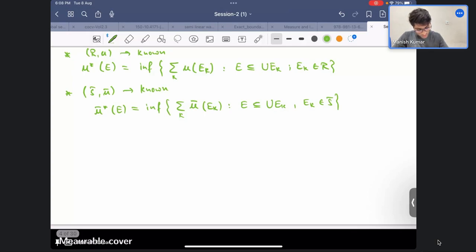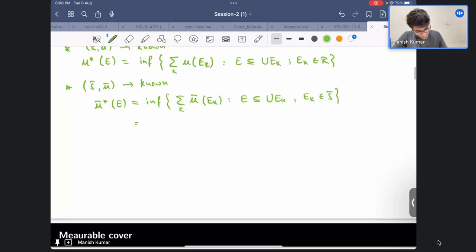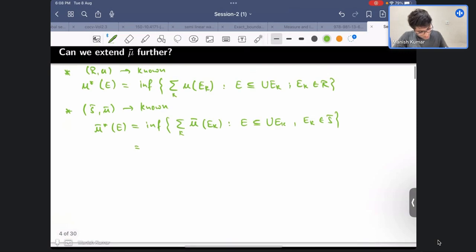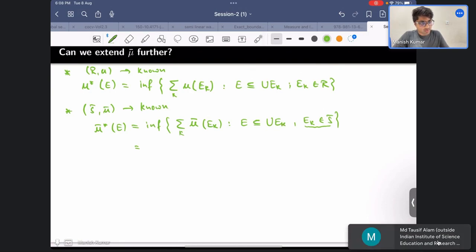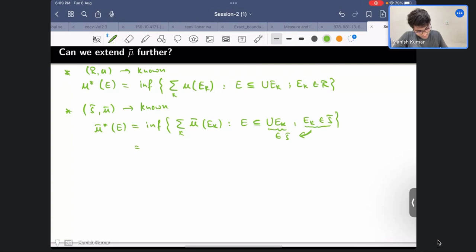Now this Ek is in S bar, right? So the countable union of Ek, since S bar is a sigma algebra, will also be in S bar. So I can rewrite this as the infimum of mu bar of F, where E is contained in F, and F belongs to S bar.